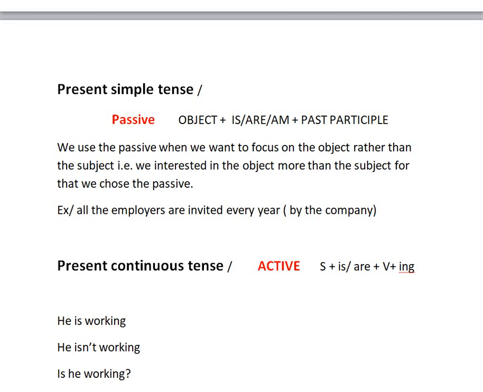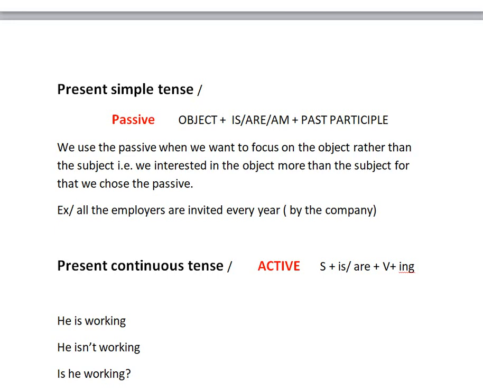For example, Shakespeare wrote Hamlet. If we are more interested in Hamlet than Shakespeare, we can say Hamlet is written by Shakespeare. So we are more interested in Hamlet than in who wrote this novel.